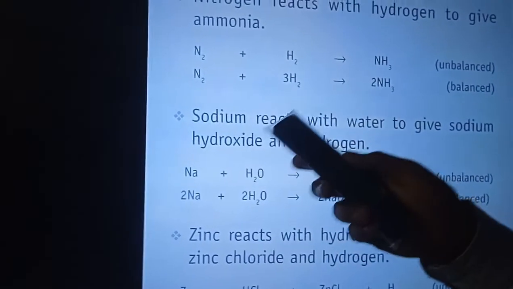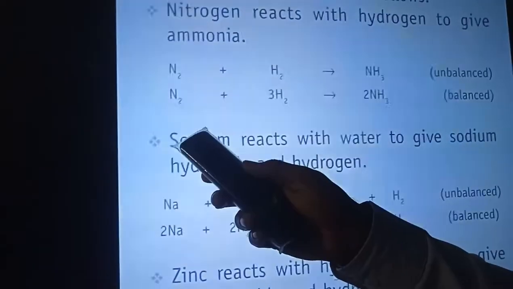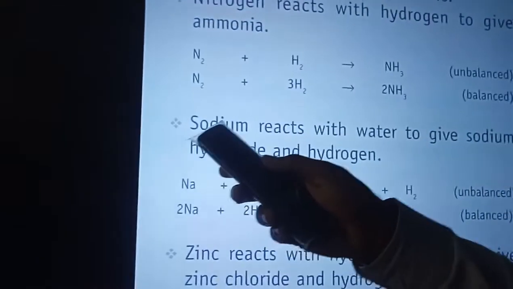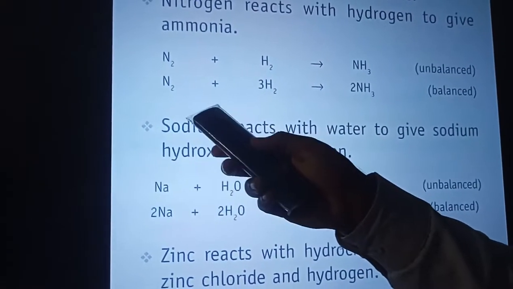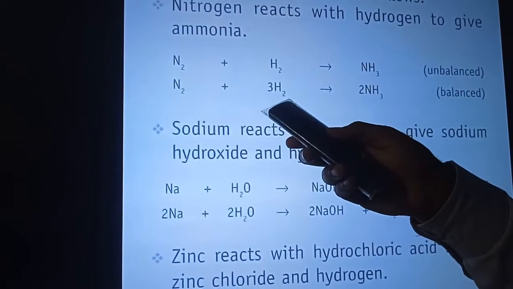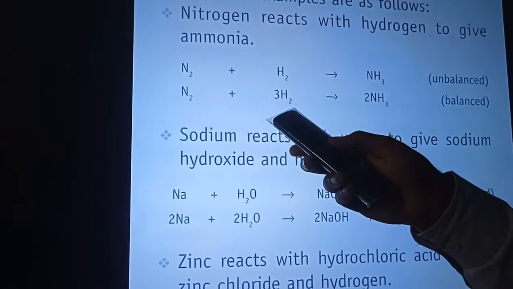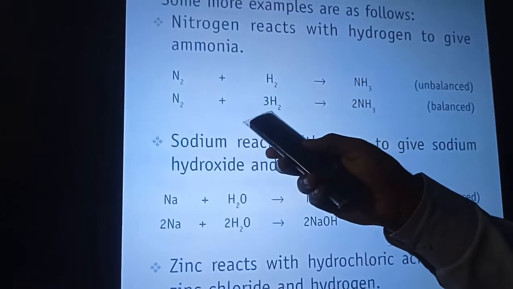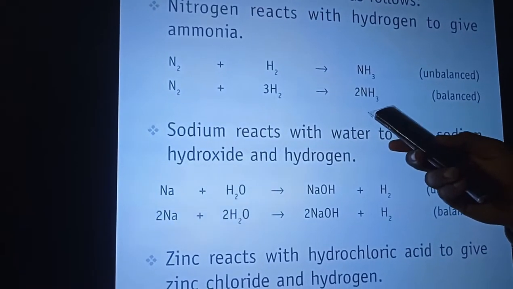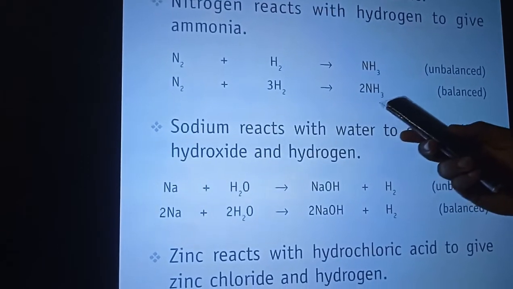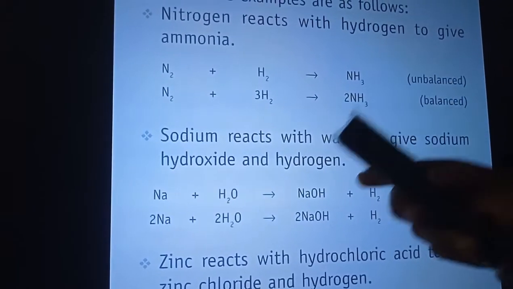But to make the balanced chemical equation, on the reactant side, at H2 we have to add 3 before it, and on the product side we have to add 2 before NH3.